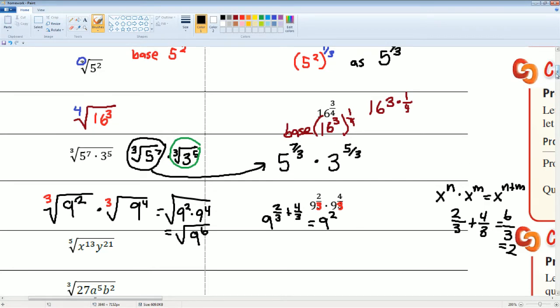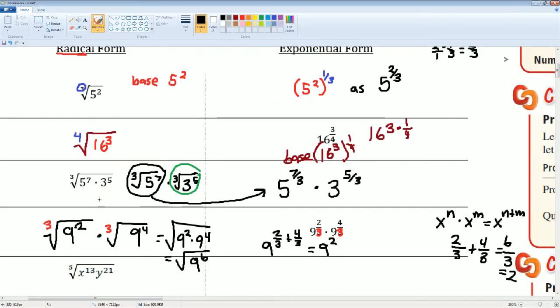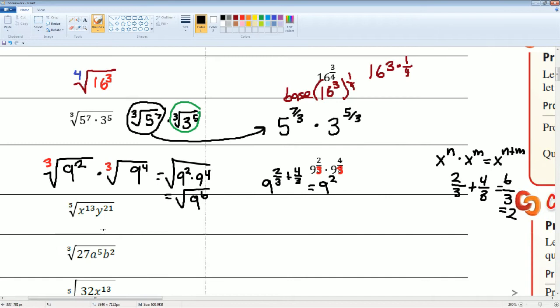Okay. Let's do this one. I'm going to help you with this one, but you have to do this by yourself. So here, like what we did up here, we have to split it into 2 parts. So let me split this into 2 parts for you.